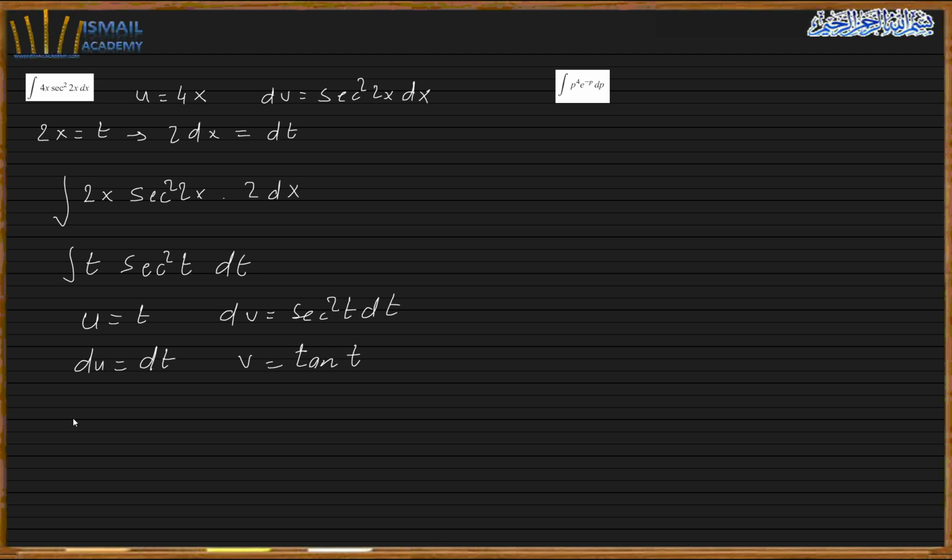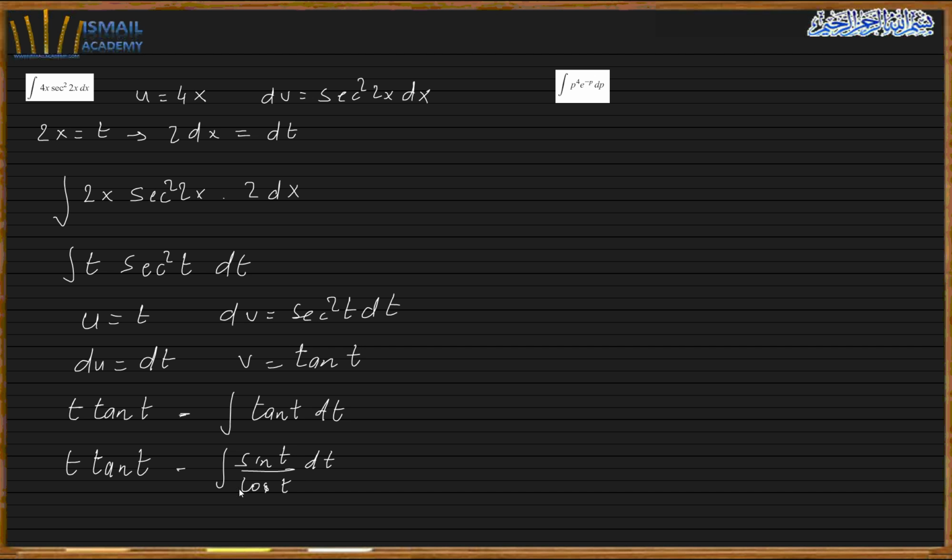So here it's going to end up having uv, which is going to be t tangent t minus the integral of v du, which is just tangent t dt. And we know that tangent is sine over cosine, so this is the same thing as t tangent t minus the integral of sine of t over cosine of t dt.